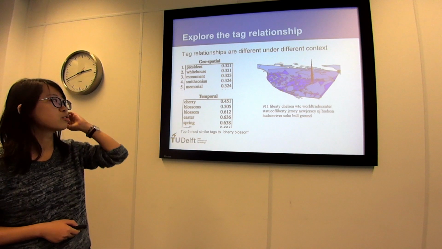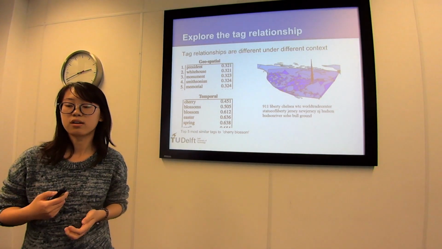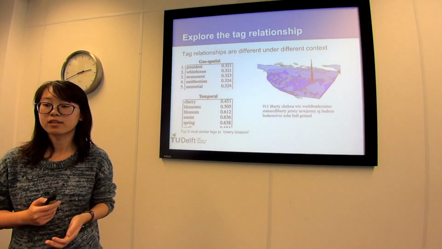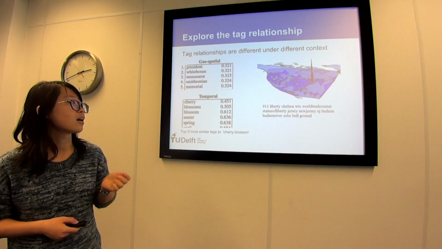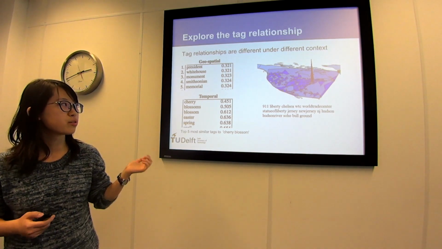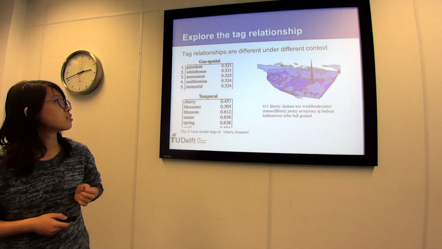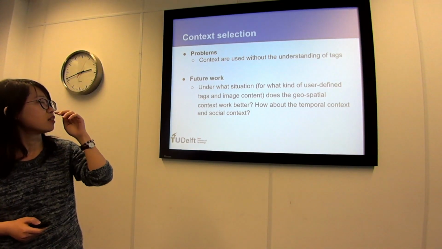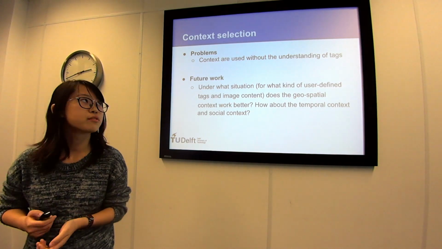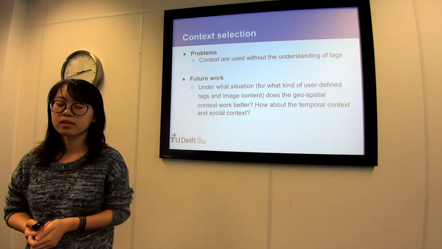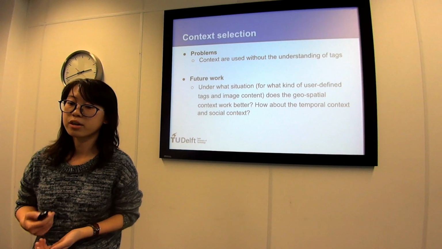The right figure shows the geospatial distributions of the tags which are related to New York City, and we can see that the tags related to New York City are mainly used around the New York City area. From this we know that under different contexts there are different tag similarities, so different selections of contexts can cause different results in tag recommendation.